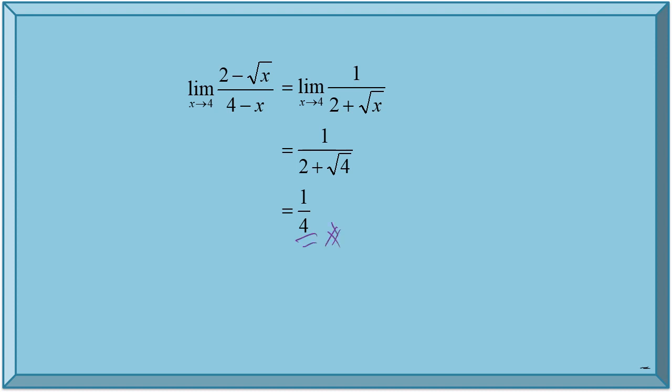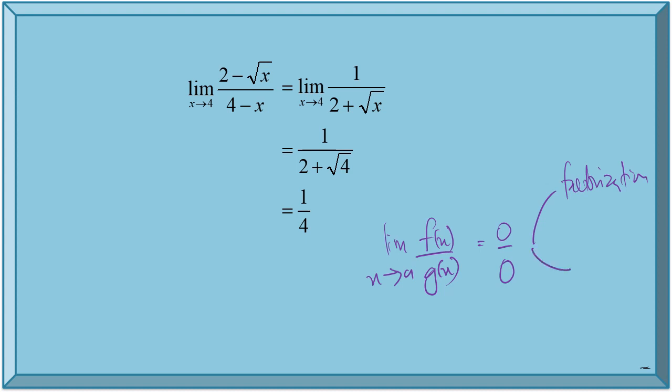Okay, simple, right? So for this lecture, what we need to do is, if we get the limit of the division of two functions, limit of f(x) divided by g(x) as x approaches a, and we get 0 over 0, then we need to apply factorization if we can, or if we have a surd, then we have to multiply by the conjugate of the one with the surd.